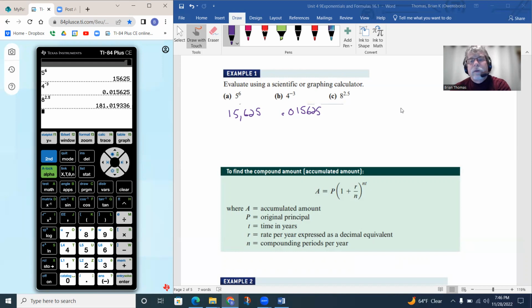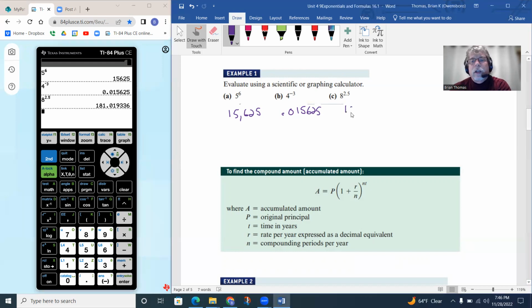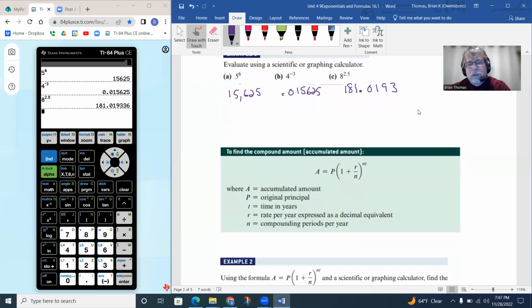So that's going to be 181.0193, probably just round it to the fourth decimal place. So we get some really unusual numbers with these exponents. That's one thing we'll pick up on as we move into some of these lessons: we don't get these normal numbers that we're used to.